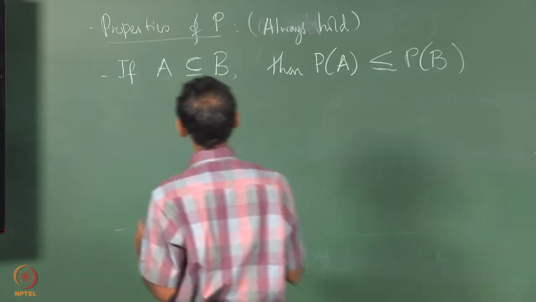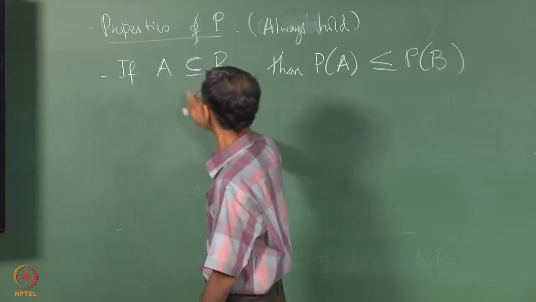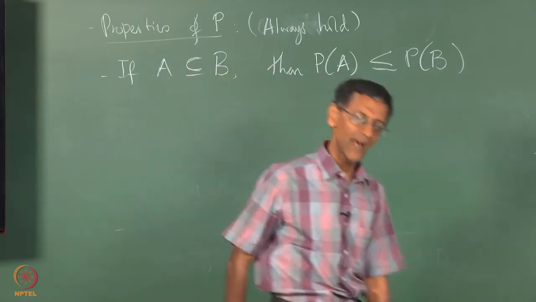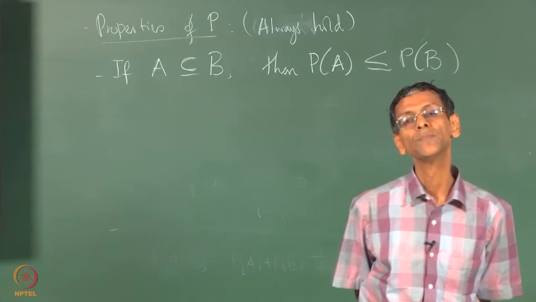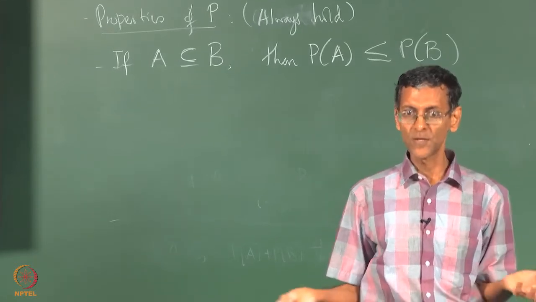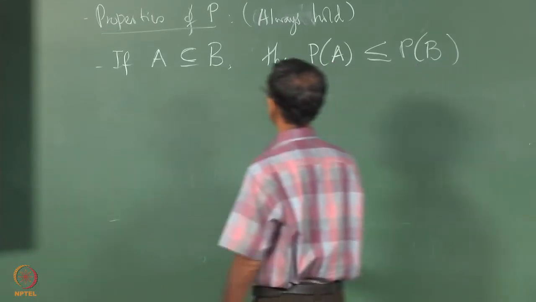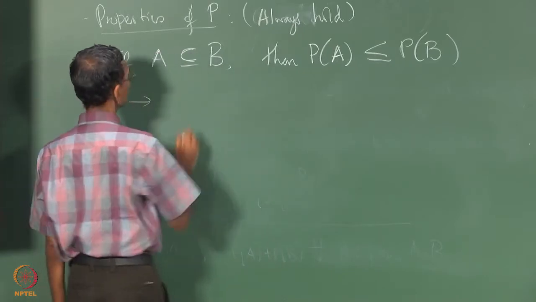Then the probability that you assign to A must be no bigger than the probability you assign to B, which is obviously true because you now have the concept of set difference.